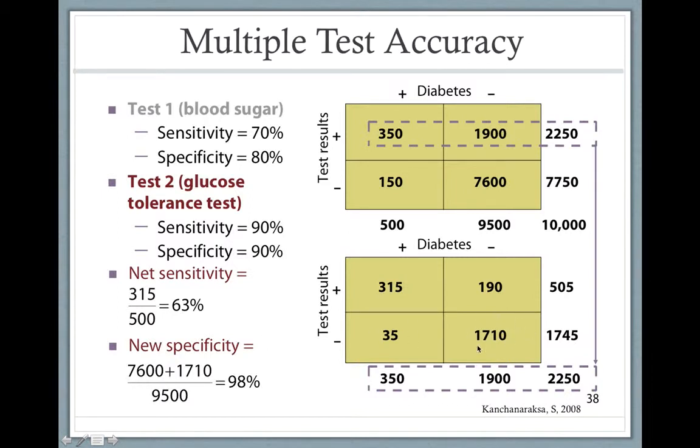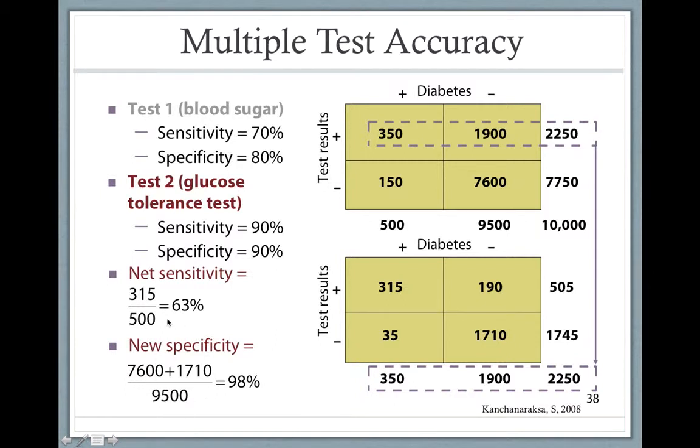And then the 1,710 tested negative in the second test, so they are also in the numerator in that second test. And that's over all of the people that don't have diabetes, which is in that first test. That 1,900 is encompassed into that 9,500, so we don't have to add that twice.